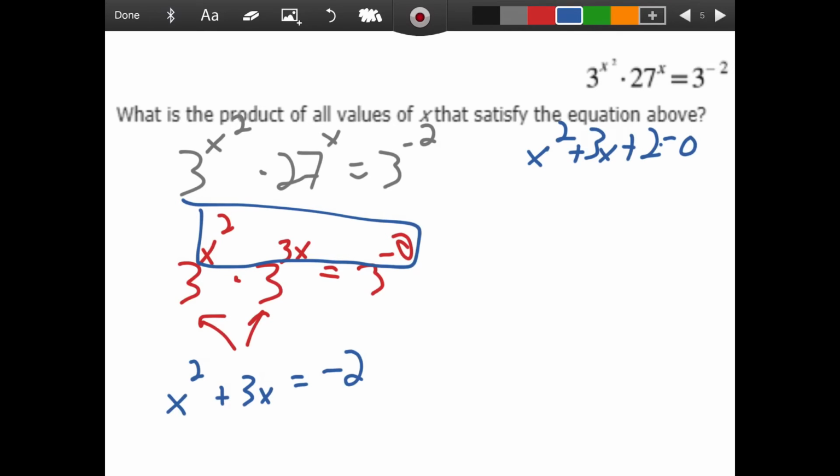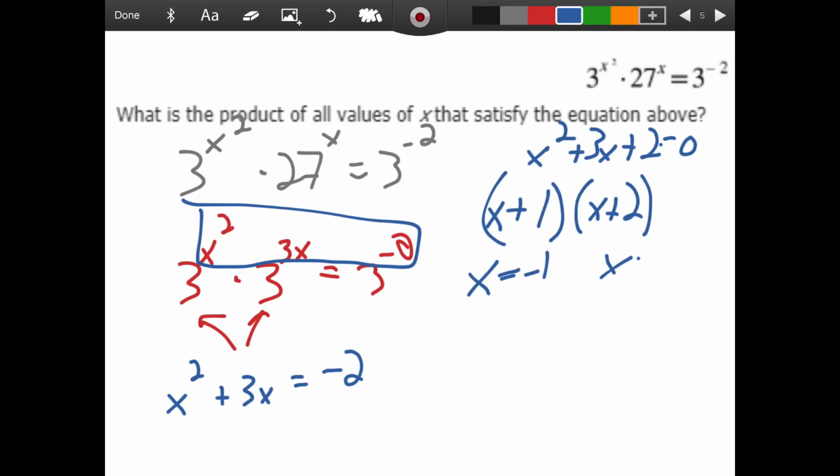Now this is a nice quadratic we can solve. We can just factor this out, FOIL it, or the box method, as you say. So we want two numbers that multiply to 2, and they add up to 3. So we're going to have a solution of x plus 1, x plus 2, and now the solutions would be x equals negative 1, x equals negative 2.